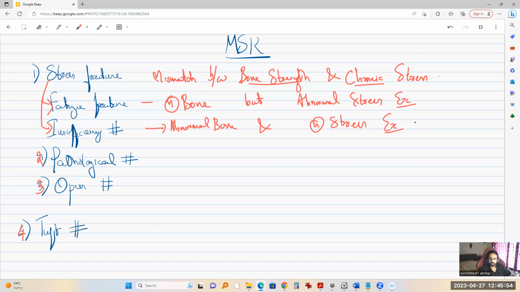An old lady walking down the stairs ends up with a fracture of her vertebral body. Here her bones are abnormal because of osteoporosis, but walking down stairs is a normal stress, and yet she ends up with a fracture. That's an example of insufficiency fracture. So these are the two types of stress fracture.